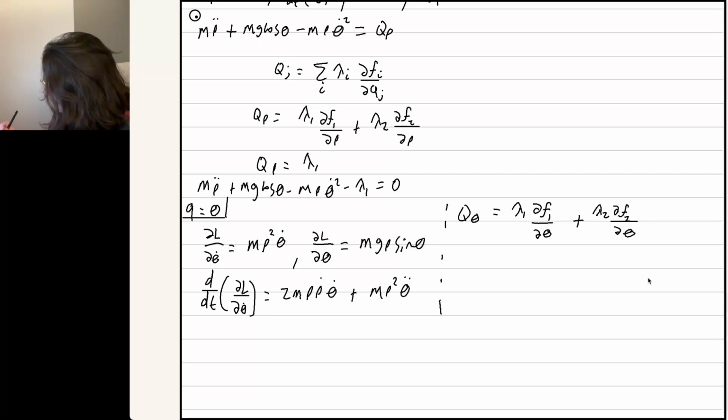Now it's pretty cool that F1 doesn't depend on theta. F2 does though, which was just R plus r. So it's going to be Q theta is equal to lambda 2 times R plus r, right?